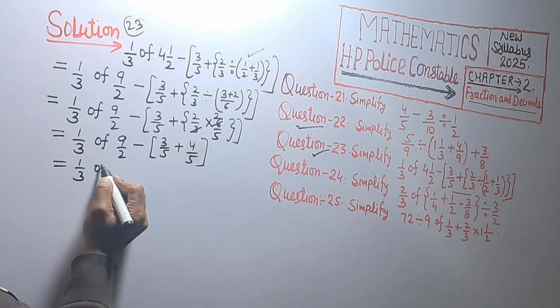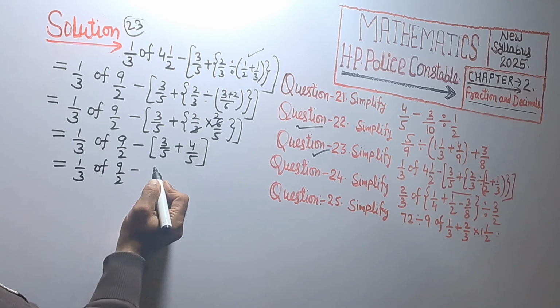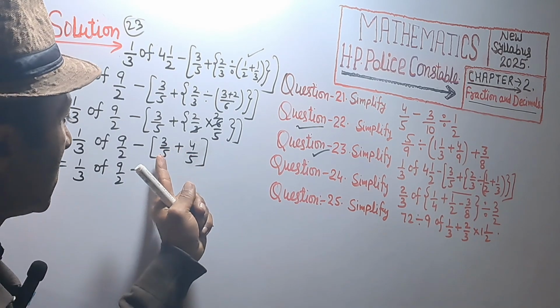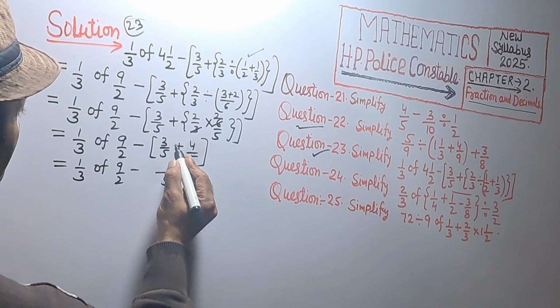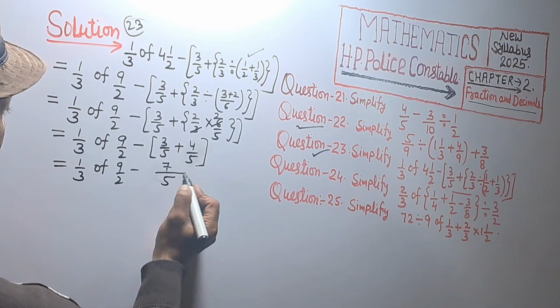1/3 of 9/2 minus the bracket: LCM of 5 is 5, and 3 plus 4 equals 7, so 7/5.